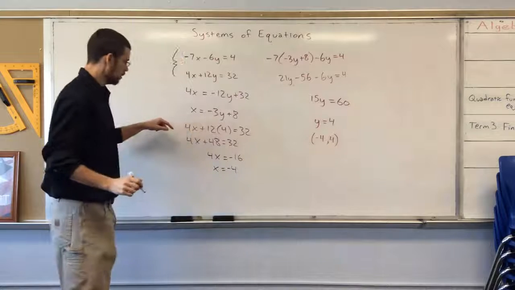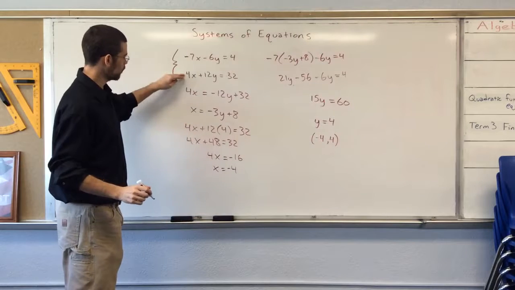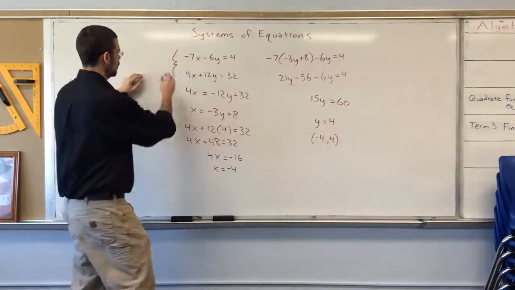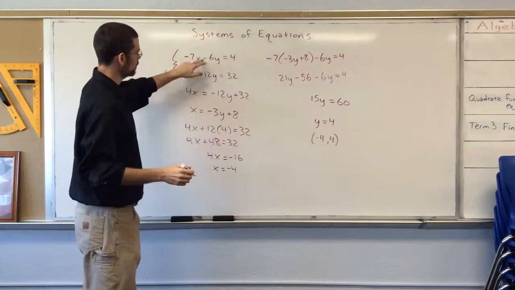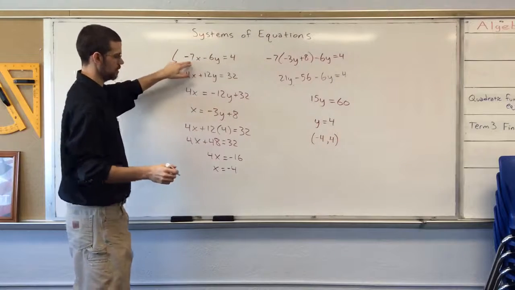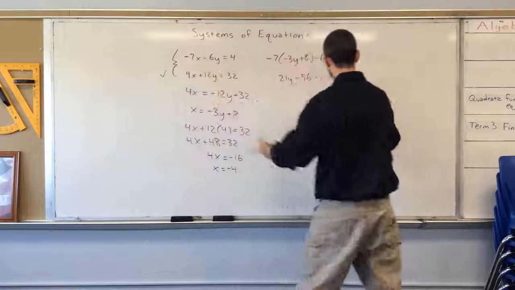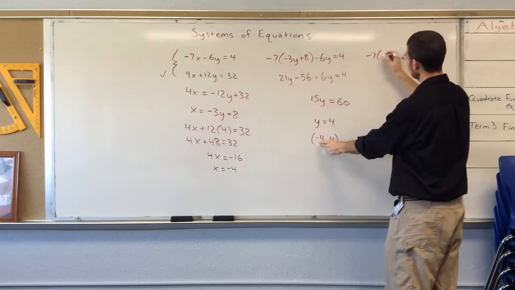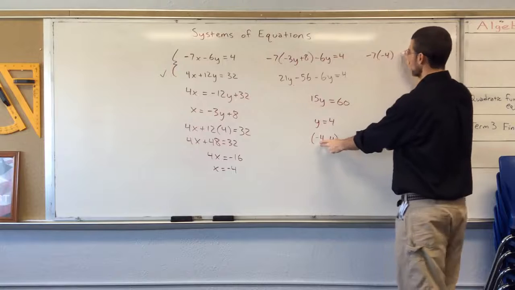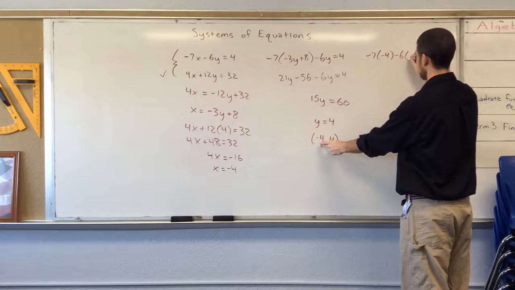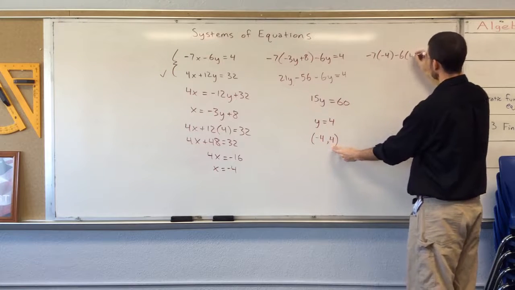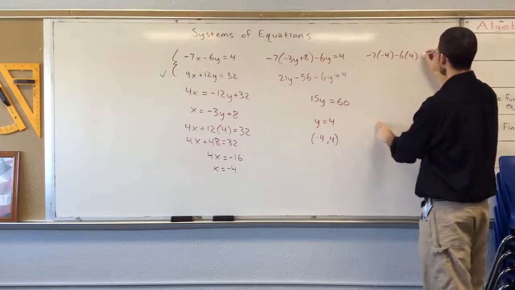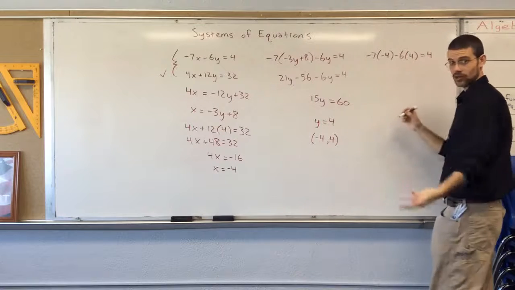We've shown that that's the case for this equation, so we also need to check out, is it the truth for this equation? So let's substitute. We'll get negative 7 times the x value is negative 4, minus 6 times the y value, which is 4, and that's supposed to equal 4, so let's see if it does.